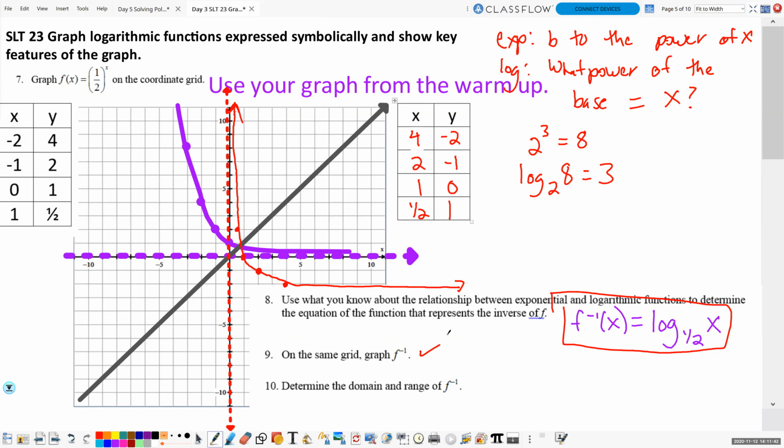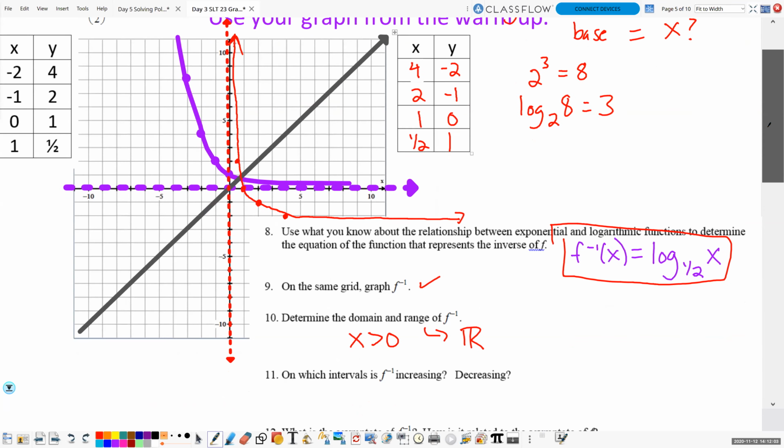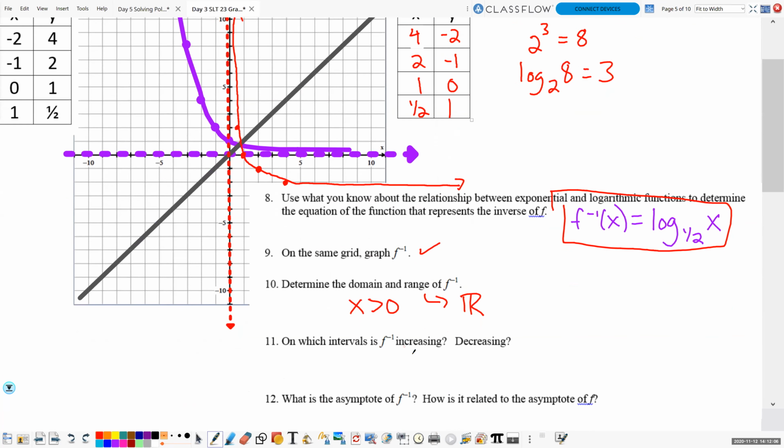Even though this graph looks really different from log base 2, it has the same domain. It also is going to have the same range. The only difference between log base 2 and log base 1/2 is that this graph is decreasing. It's decreasing when x is greater than 0. It doesn't increase because it has a decay base.